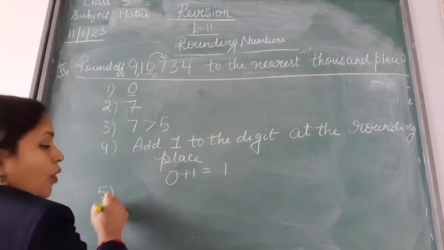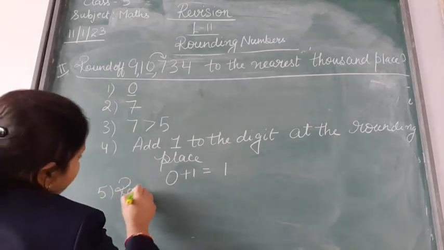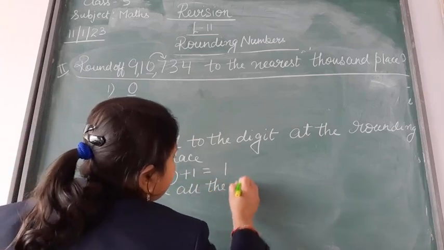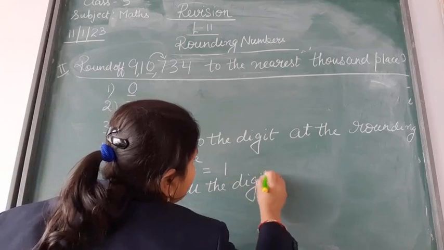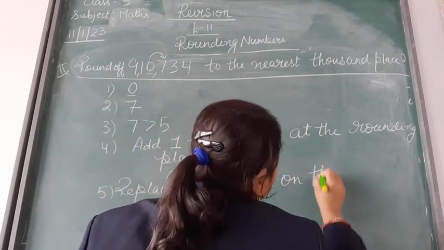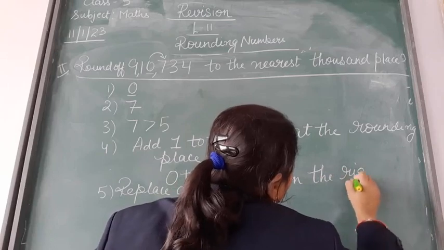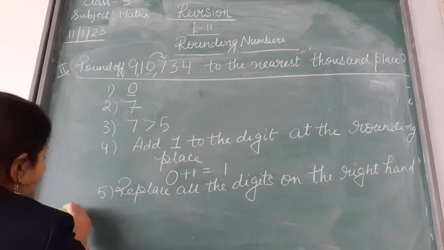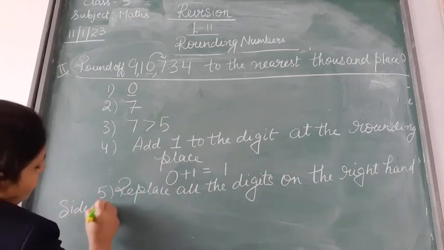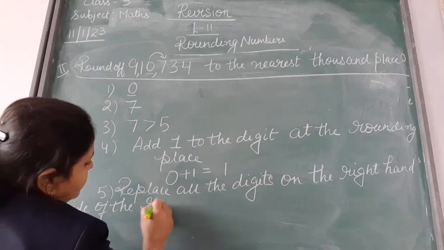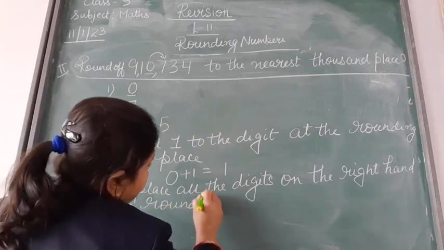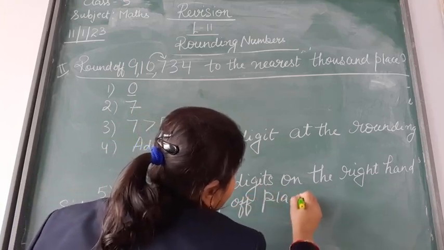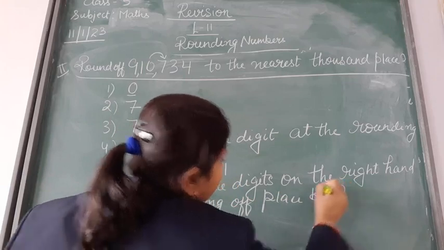And in our last step, what will we do? We will replace all the digits on the right hand side of the rounding off place by 0, right?